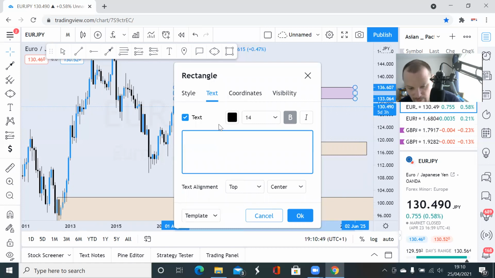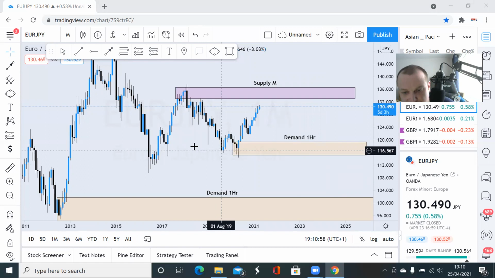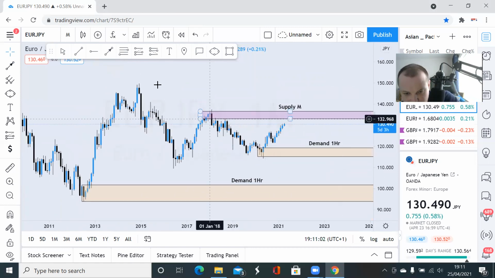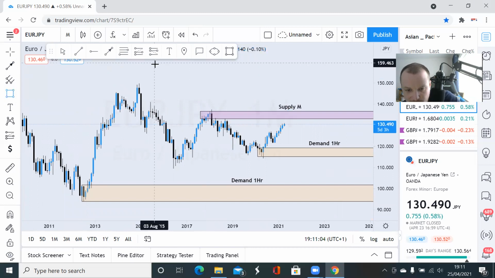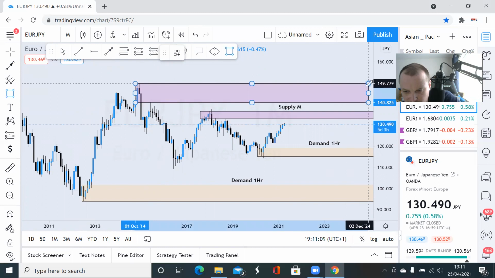Supply 1 month, so we put supply M. So that's there. And then we're going to look at possibly one more zonal area. Look to the left again. The last buy before the sell.